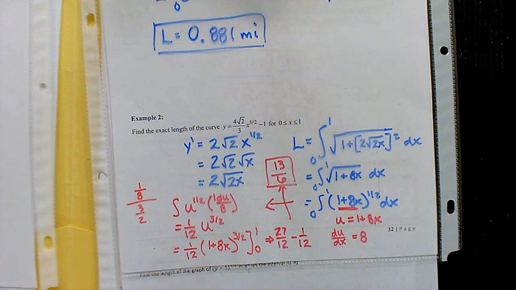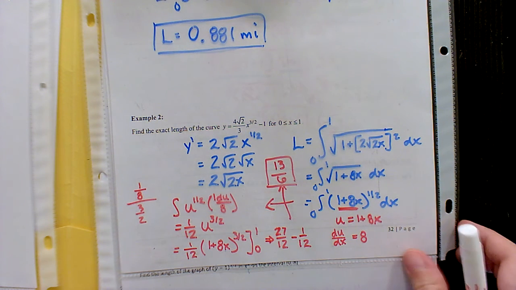If you wanted to double check on your calculator, you could simply type in your integral and hopefully you get 13/6. Some of these we're going to use a calculator, some of them we should be able to do by hand.